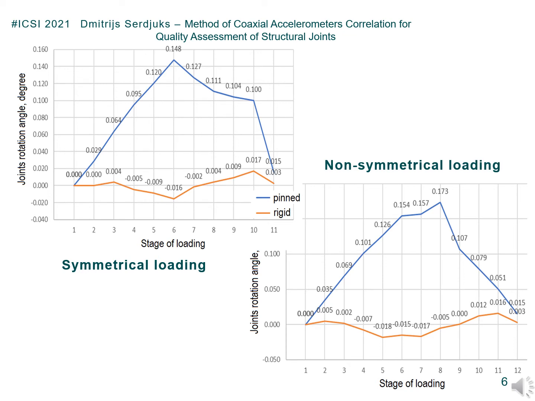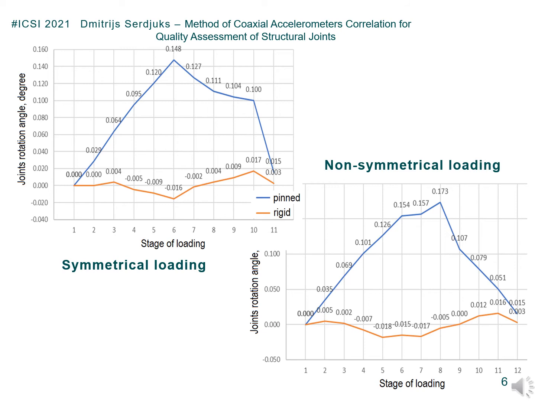The joint stiffness was determined based on the experimentally obtained angle of the joint's rotation. The experimental values were also compared with the values obtained by the finite element method.